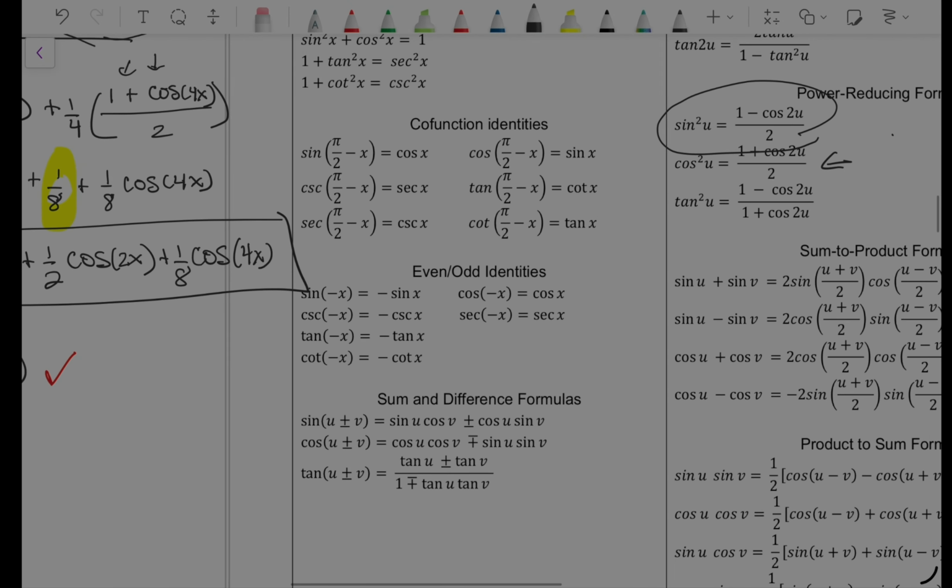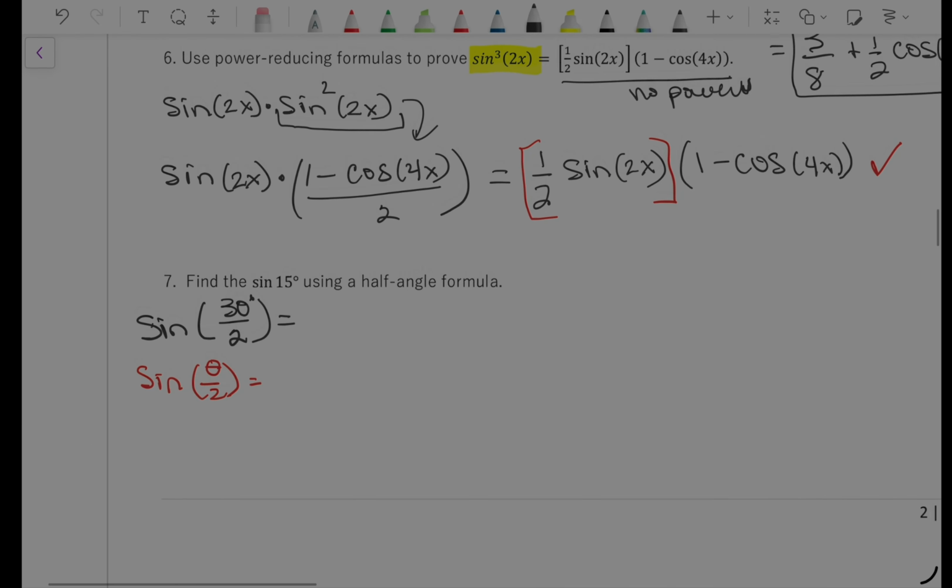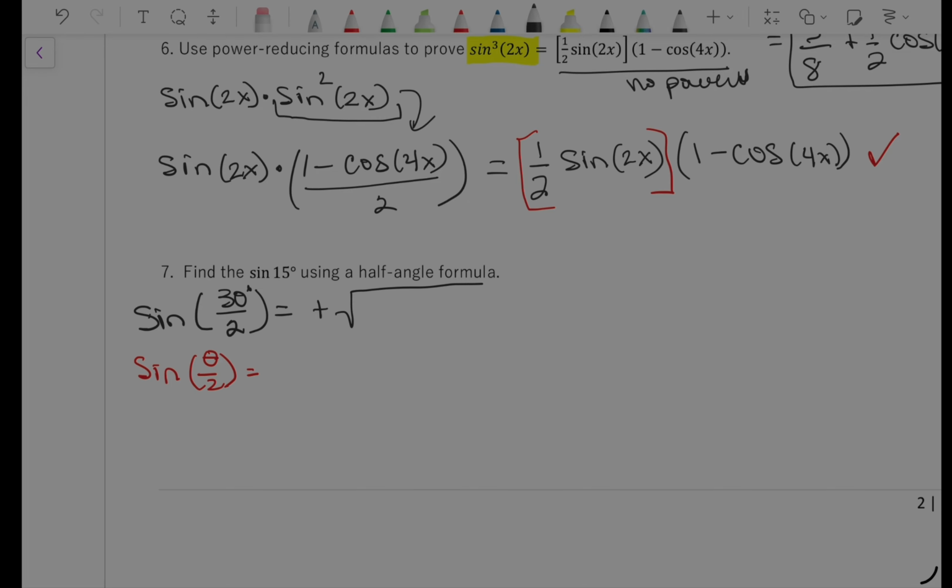The half angle formula is going to be this one right here. Now with the plus and the minus, you have to pick whether it's plus or minus. You don't put them both. I'm ultimately looking for sine of 15 degrees, and I know that the sine of 15 degrees is going to be positive, so I know it's positive. And then the formula, like so.